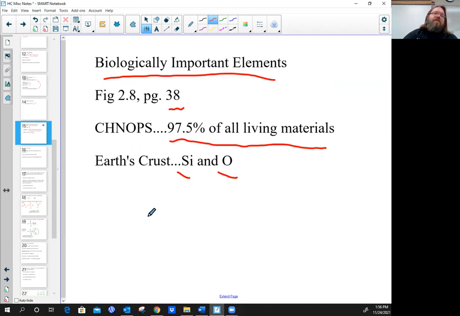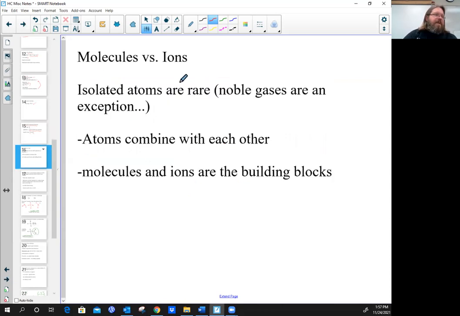These other elements on the periodic table are in trace amounts and are quite less common. So as we develop an understanding, you're going to see these trends with interactions of the big maybe 10 or 20 elements, and that's it. And we can get used to that as you continue as chemistry students, okay? All right, now, just a quick little note here, molecules versus ions.